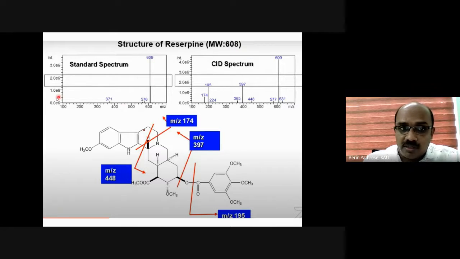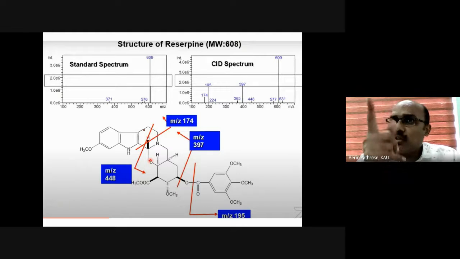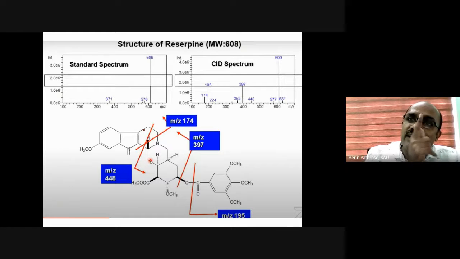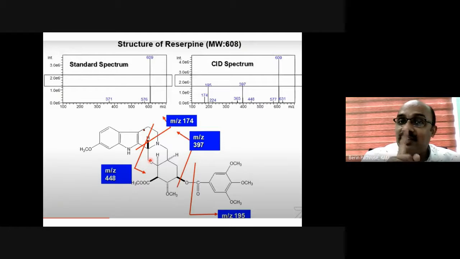In the first quadrupole, this is the first quadrupole, this is the collision cell, and this is the third quadrupole. So depending on the positive and negative ionization, if it is positively ionized, molecular weight will be increased by 1, and if negatively charged, molecular weight will be decreased by 1. So that's what happens depending upon the ionization. Positively charged or negatively charged, the molecular weight gets changed by +1 or -1. So that's why we measured the mass 609.